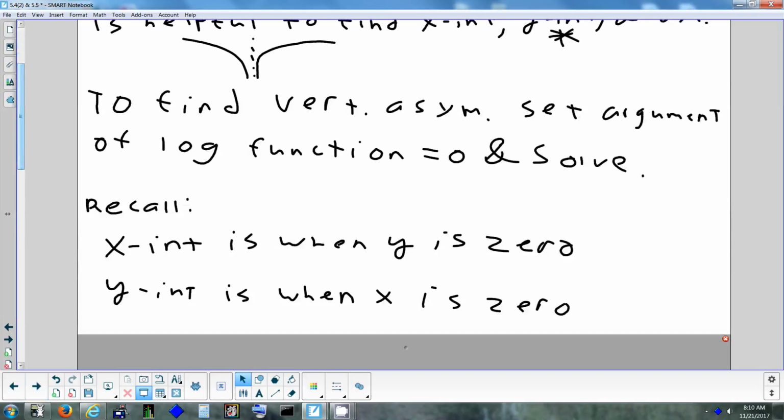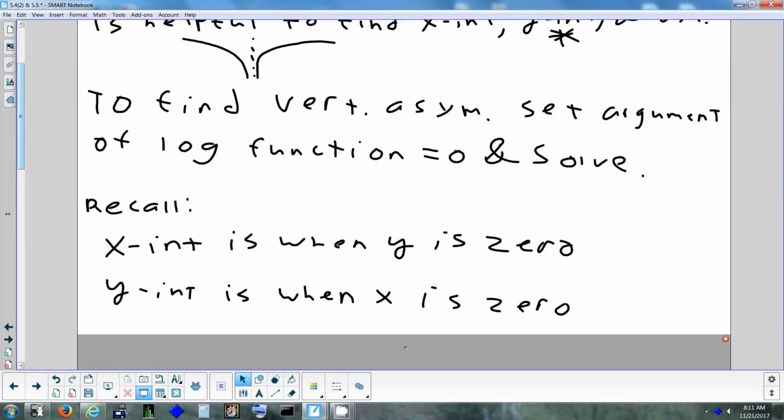So that's how you find your intercepts. And the way you know if you don't have an x or a y-intercept is if you try to plug in 0 for one of them and you get an error. The only one that would ever come up to an error is when you're finding the y-intercept, not the x.